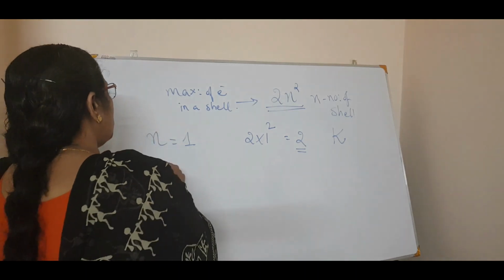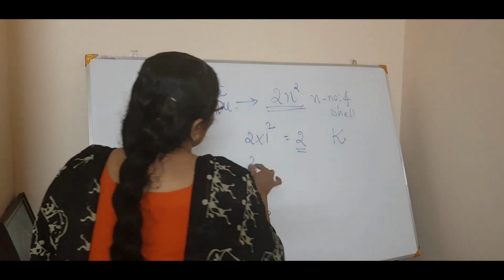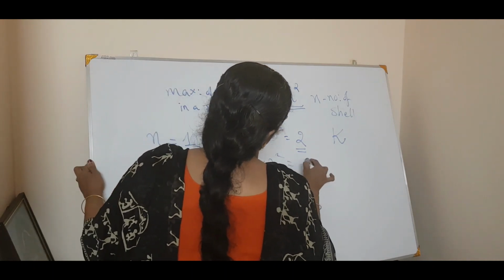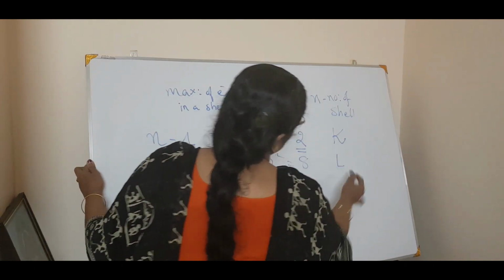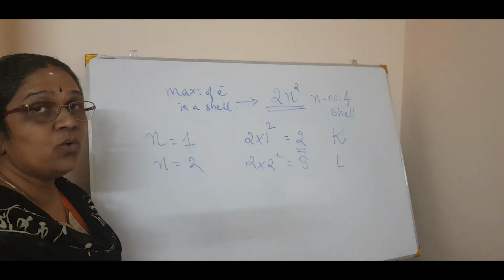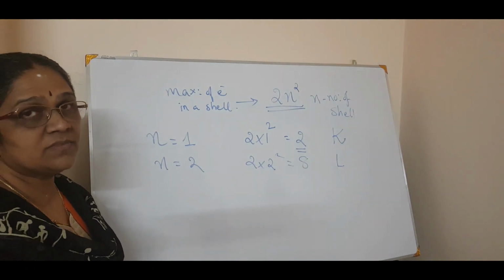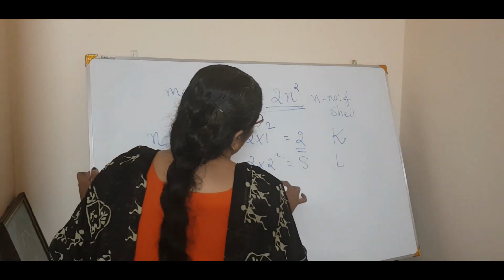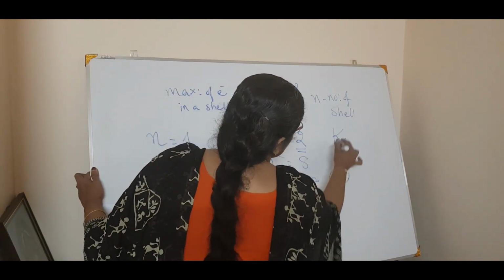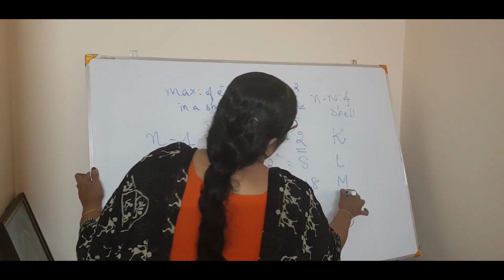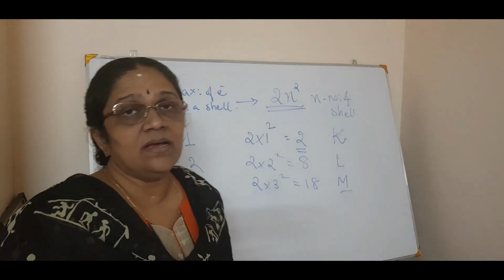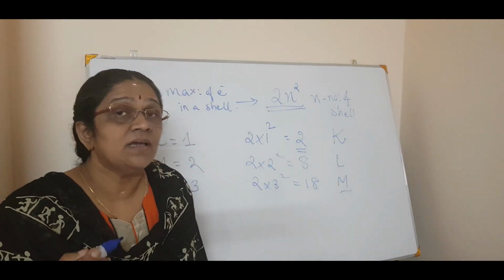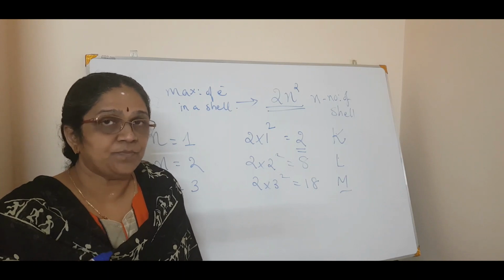If n is equal to 2, 2 into 2 square, that is equal to 8, that is the L shell. The L shell can hold only 8. Right? Now if n is equal to 3, 2 into 3 square, that is equal to 18, the M shell. The third shell can accommodate 18 electrons.